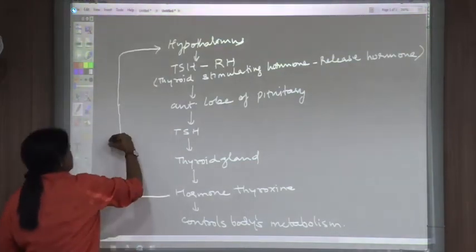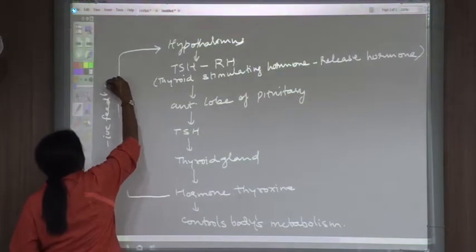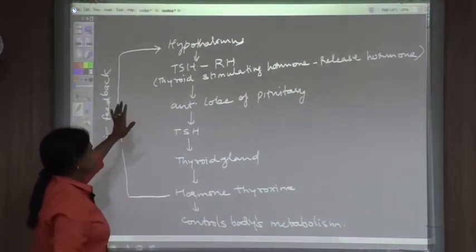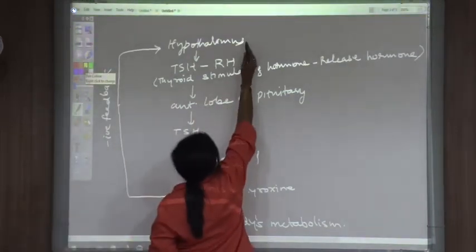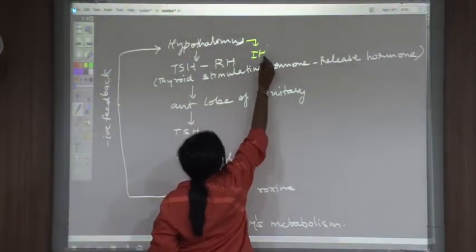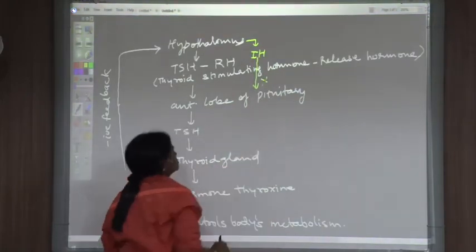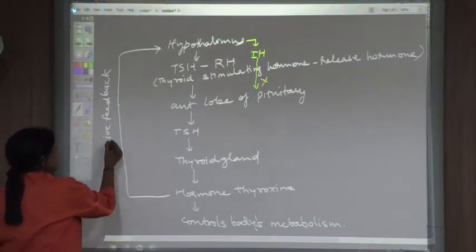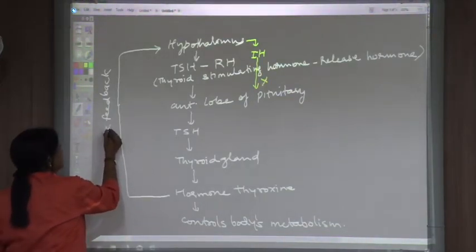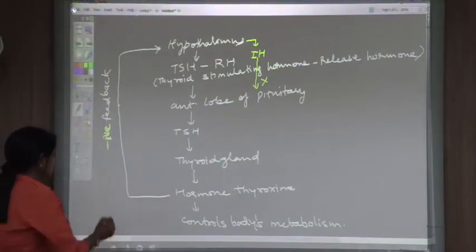That means it will be inhibiting the hypothalamus, and it will start releasing an inhibitory hormone, IH. So automatically TSH-RH will not be secreted, and the TSH will also not be secreted. So the process of secretion of thyroxine will automatically stop. This we call the feedback mechanism.